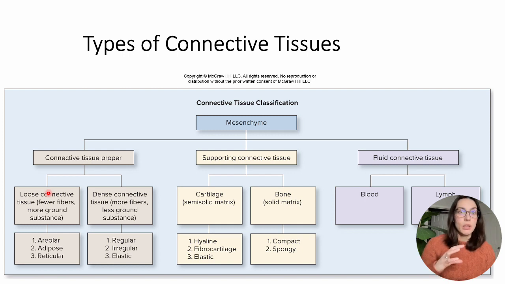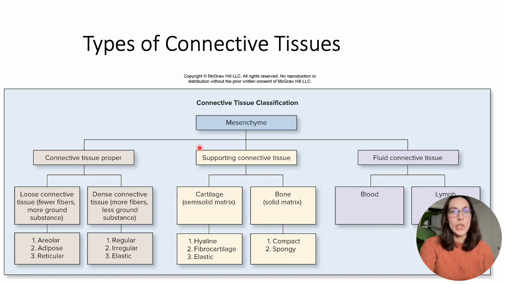There are three specific tissue types: areolar, adipose, and reticular connective tissue. Whereas the whole category of dense connective tissue has a lot of fibers in between the cells. They're very obvious when you're looking under the microscope. The types are regular dense connective tissue, irregular dense connective tissue, and elastic connective tissue.